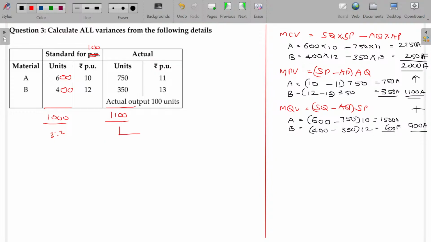If 1100 were in 3 is to 2 ratio, come on, tell me, what could be the quantity of A and of B? 660, 440 should be. This is the logic. So if you want to maintain the same proportion as per our standard, the input we have given, 1100, should also be in the same proportion, means 660, 440.